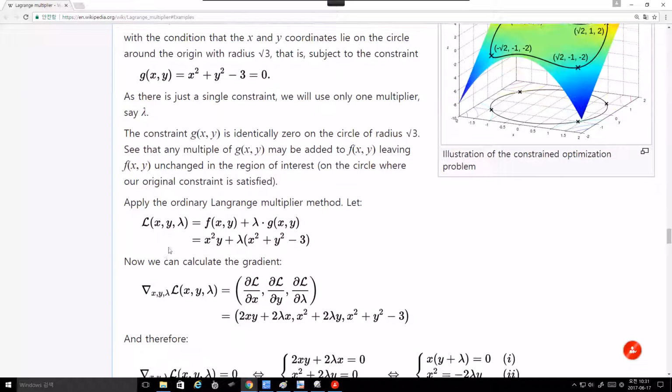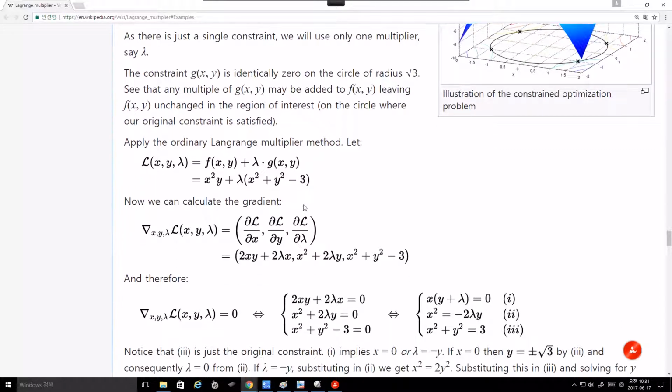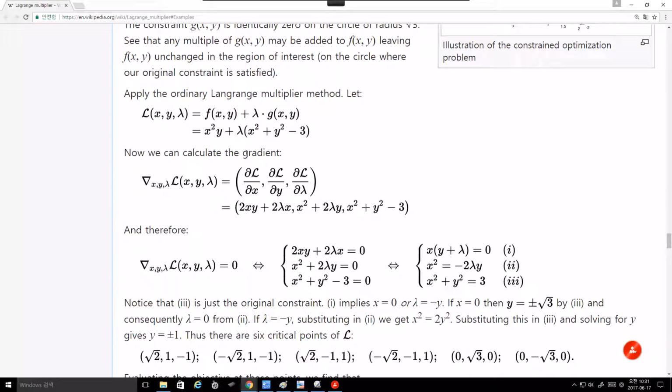Then again, the Lagrangian L(x, y, lambda) is f(x, y) plus lambda g(x, y), which is x squared y plus lambda times (x squared plus y squared minus 3). Now again, we can calculate the gradient of the Lagrangian, and if we take the partial derivative with respect to x, then we get 2xy plus 2x lambda, right?